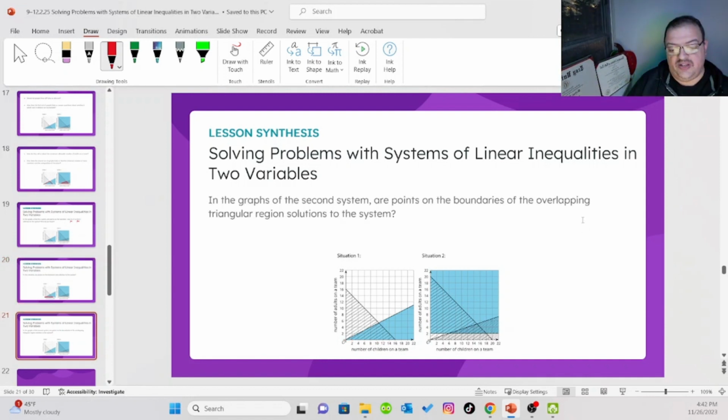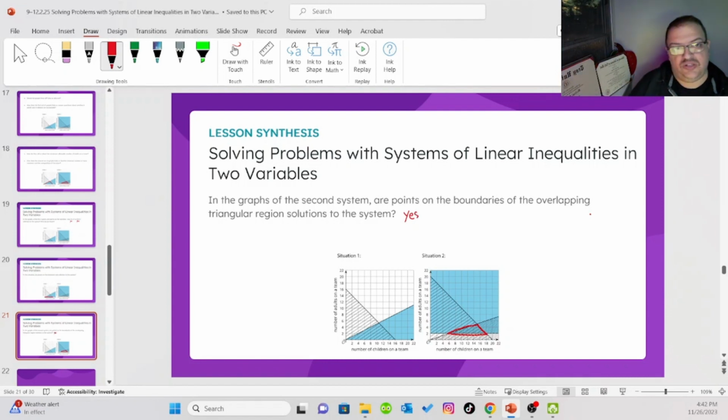In the graphs of the second system, are points on the boundaries of the overlapping triangular region solutions to the system? Because I have a solid line here, a solid line here, and a solid line here, then yes, all three boundaries are solutions to the system.